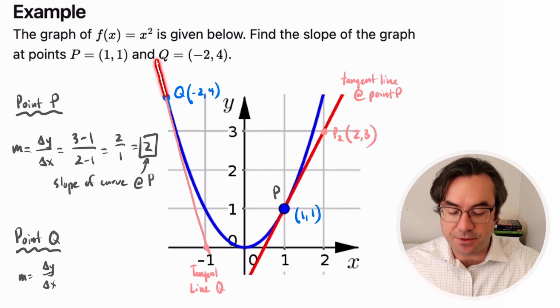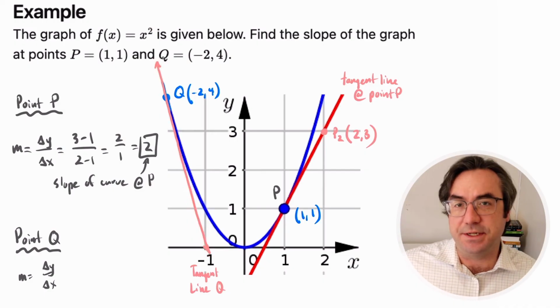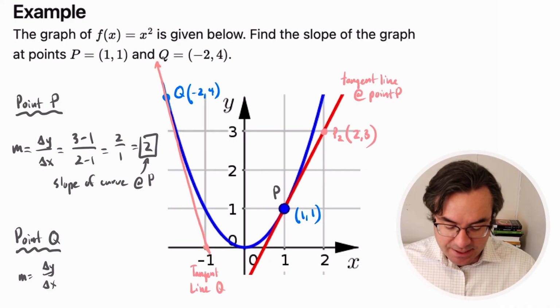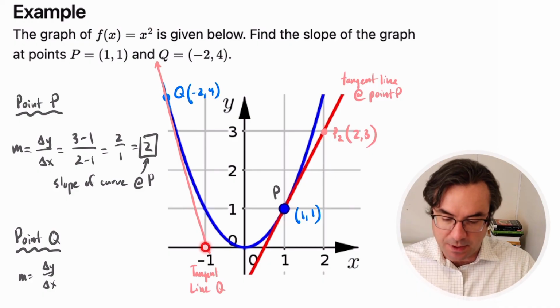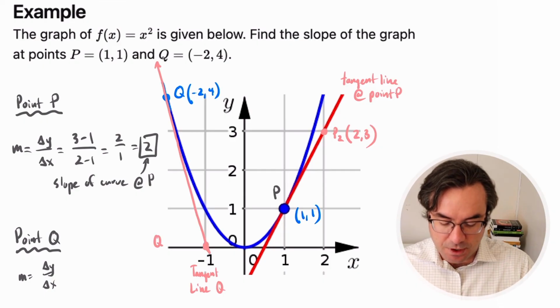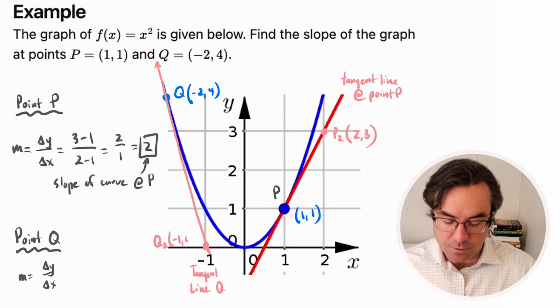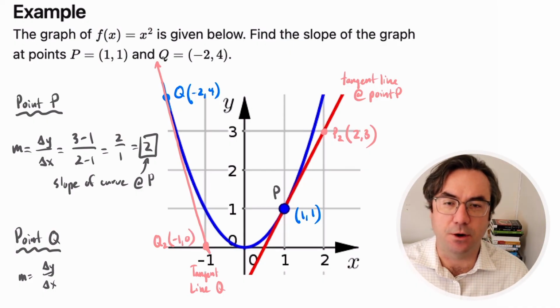And we just want to scan through the line that we drew and look for another easy to read point. And in this case, I would say, probably right around here. That would be another easy to read point. So I'll call that one Q2. And that looks to be coordinates -1, 0.